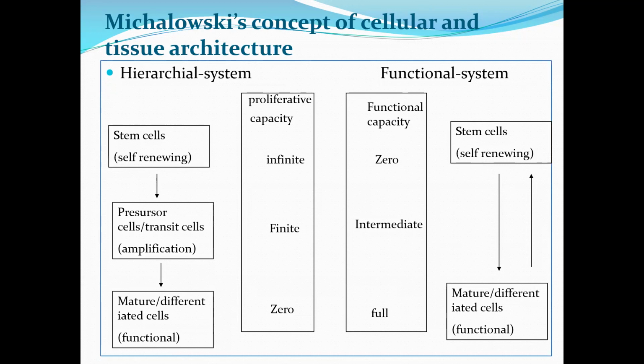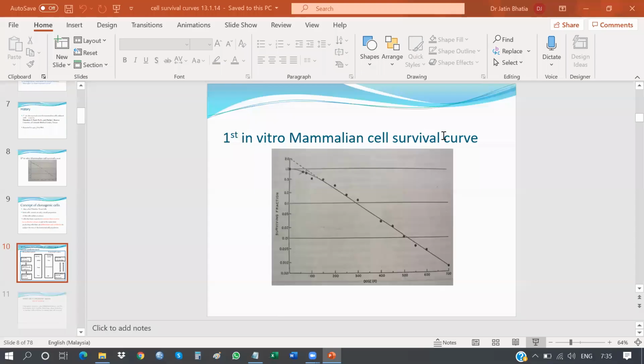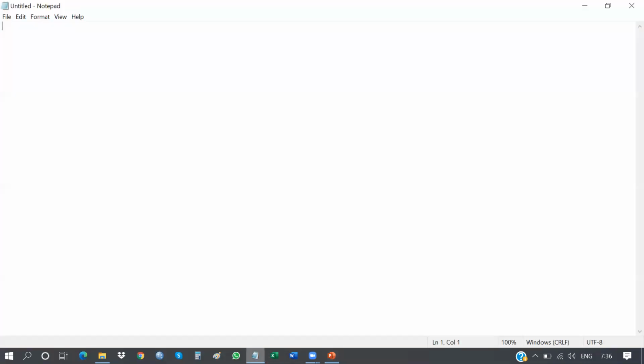Remember, radiation causes DNA damage. So if cells with defective DNA attempt to multiply, it results in cell death.